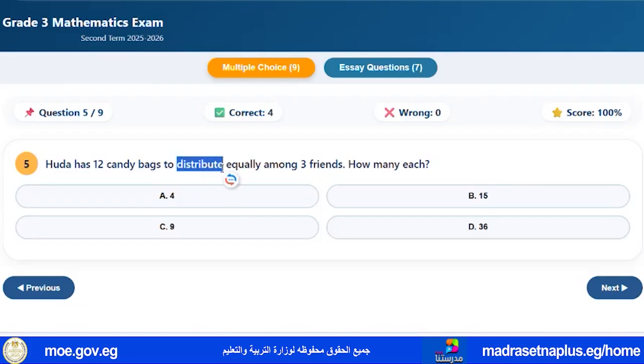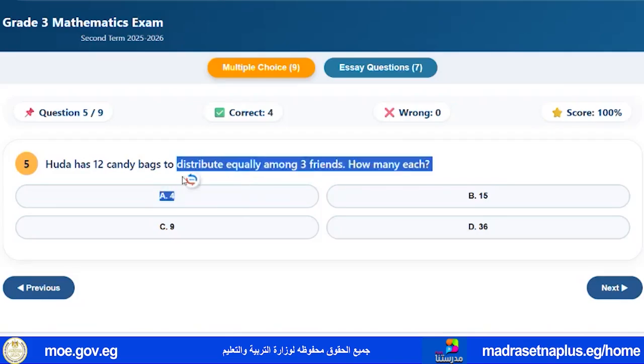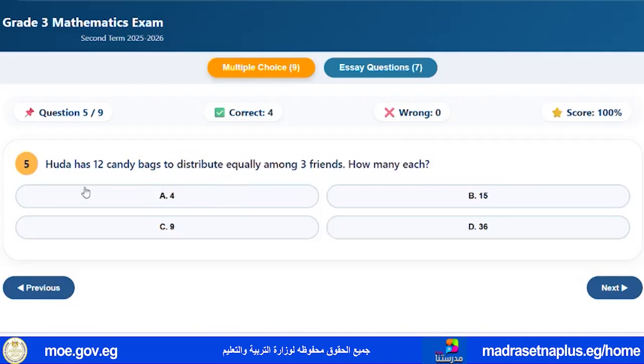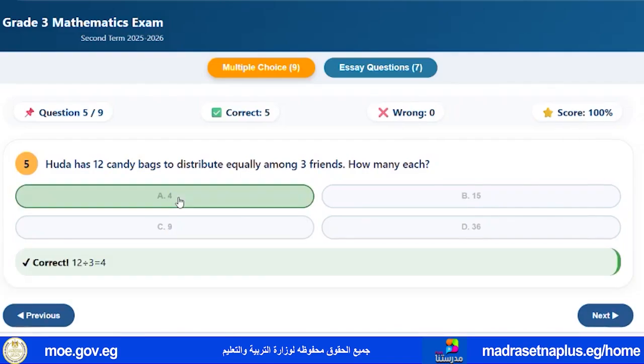Distribute, divide, share, put them equally, and so on, all mean division. So now I need to divide 12 by 3. It's easy for you. Yes, the answer is 4. Why? 3 times 4 equals 12, or 4 times 3 equals 12.